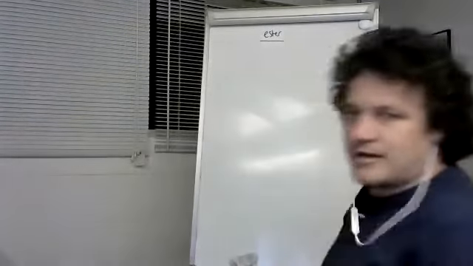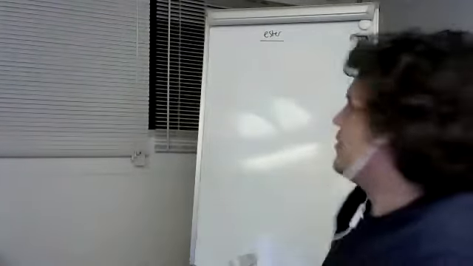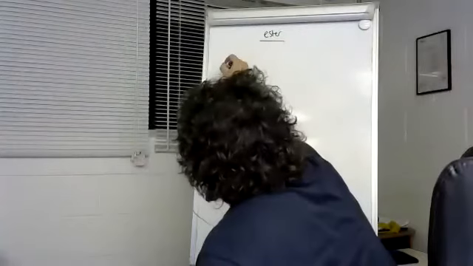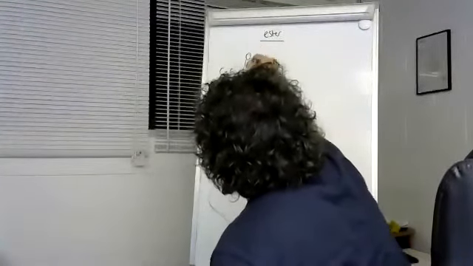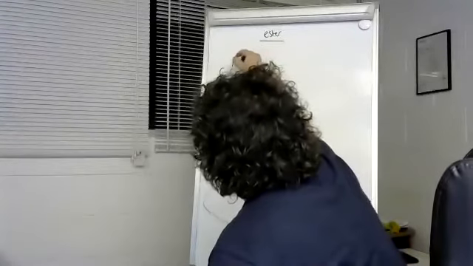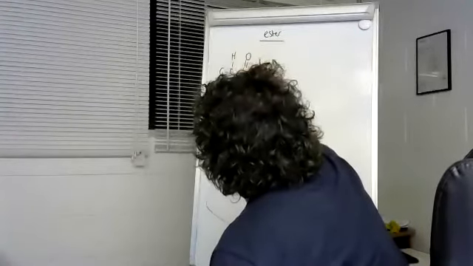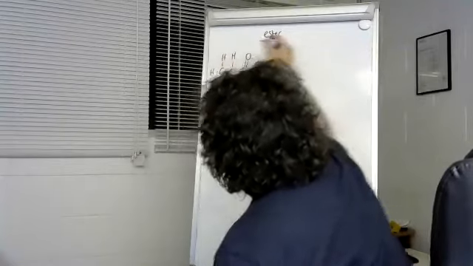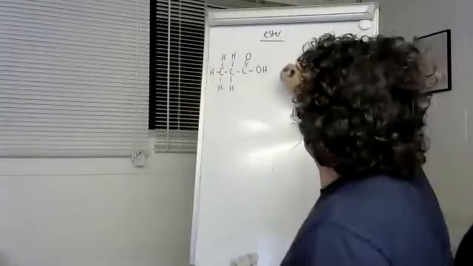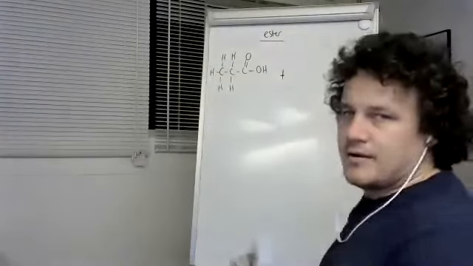So we've got our carboxylic acid, which is propanoic acid. Then we add our ethanol.